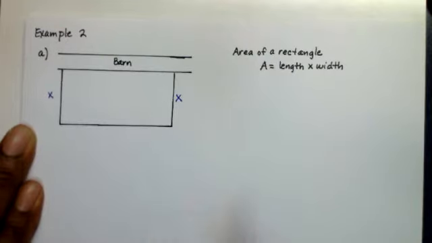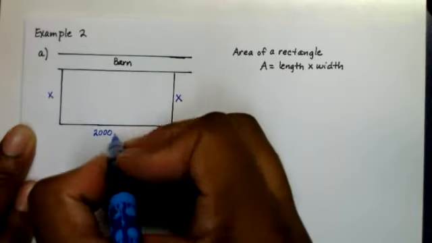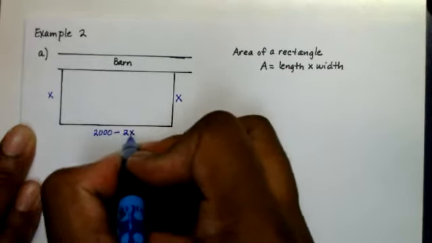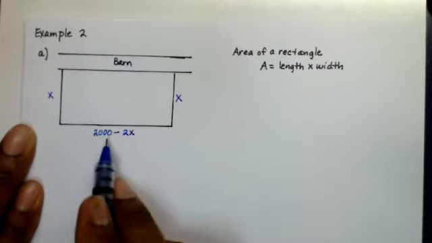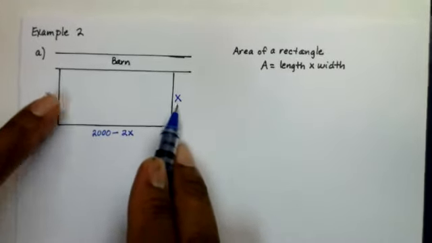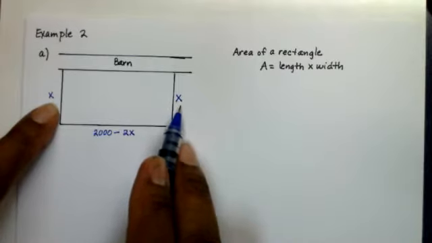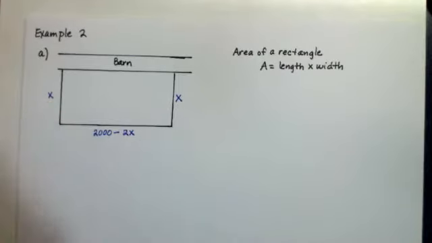This remaining side will have to be 2,000 minus the 2X. That 2,000 represents the amount of fencing that we allotted. And then we're going to subtract out the lengths of these 2 sides here that are opposite of each other. X and X is 2X. So 2,000 minus 2X represents the remaining length of that side.